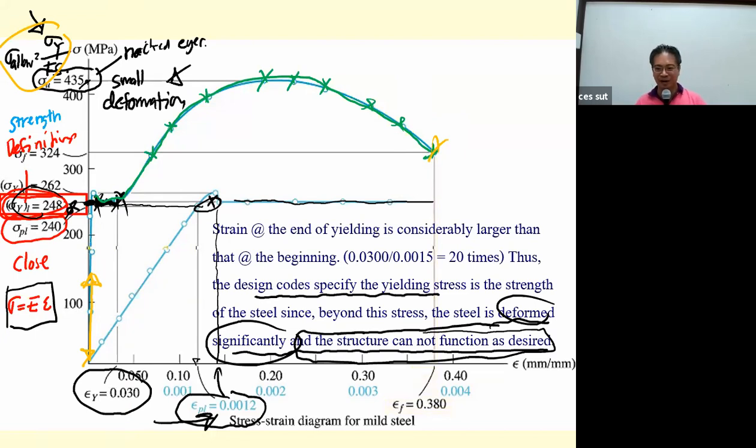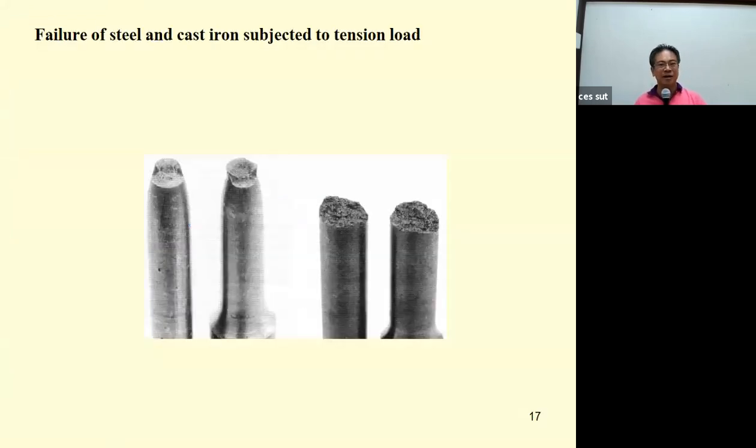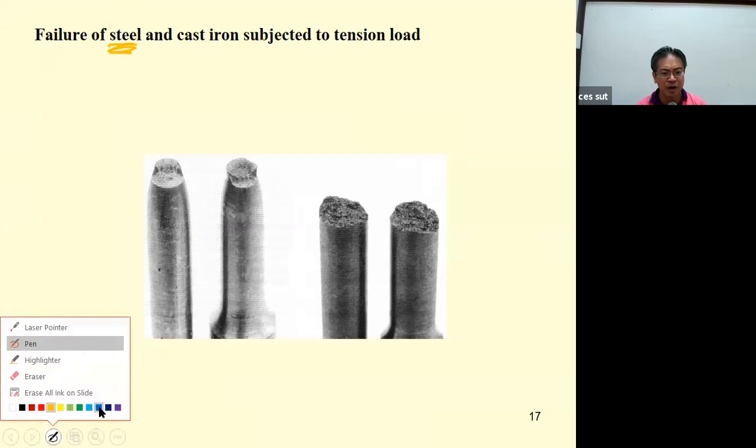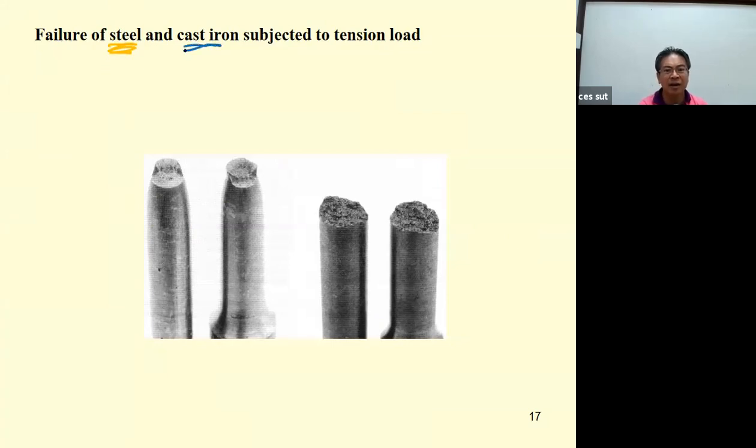And on the failure of the material, as I mentioned, we do the tension test for the steel, and also we do it for the cast iron. What we found is the steel is a ductile material.